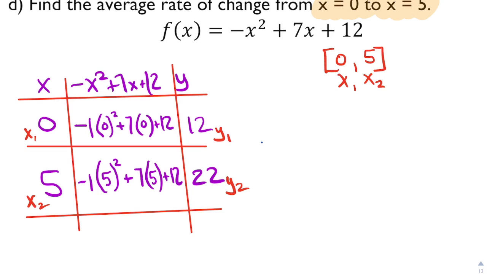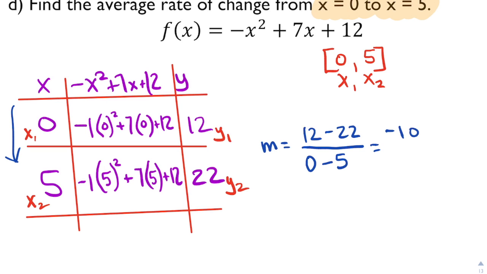And then we're going to go in and do our equation. Our y's go on the top, and we just kind of work our way down the table from this side. So y1 goes first. So it's 12 minus 22 over 5, again, working our way down the table. 0 minus 5, and then we do that, we get negative 10 over negative 5.